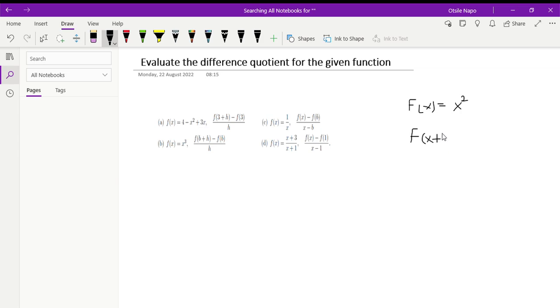So knowing this rule, that's what we are actually going to find first.